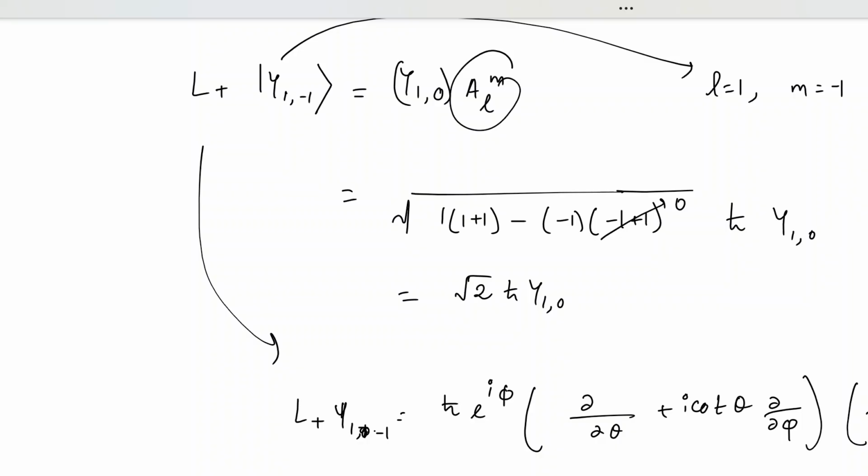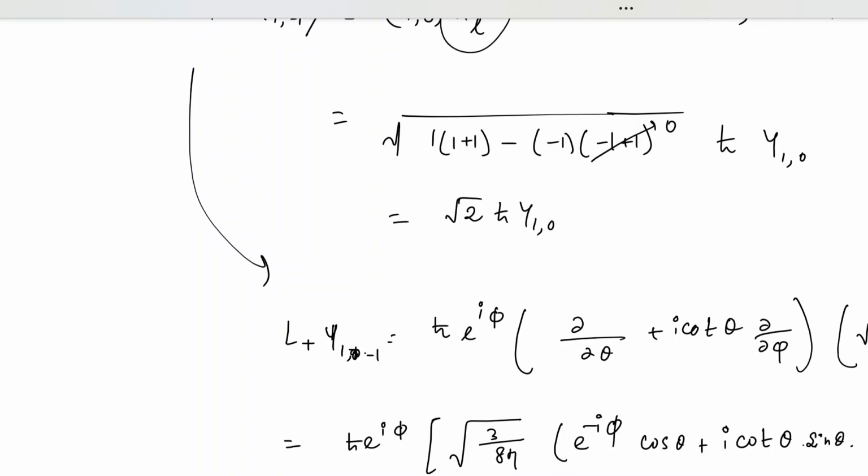So this is h cut e to the power I phi root over 3 by 8 pi. Now this e to the power minus I phi, take this as common.